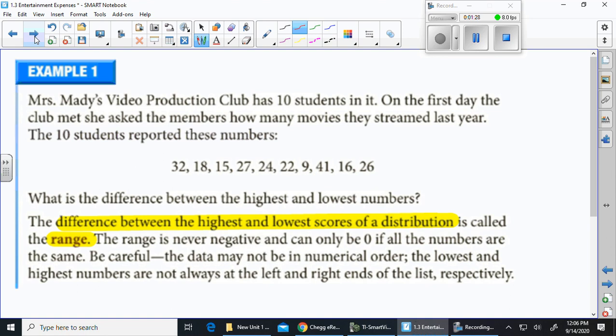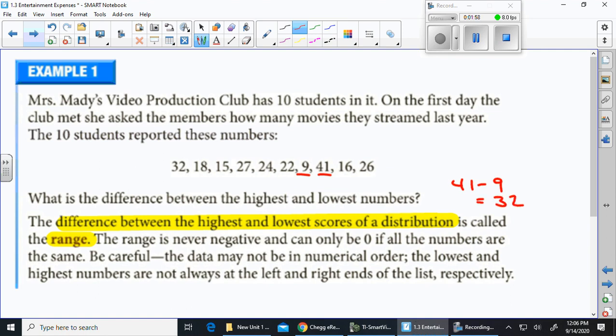The range is the difference between the highest and the lowest number. Looking at this set of data, 9 was our smallest number, 41 was our biggest number. If we want to find the range, we do 41 minus 9, and we get 32.